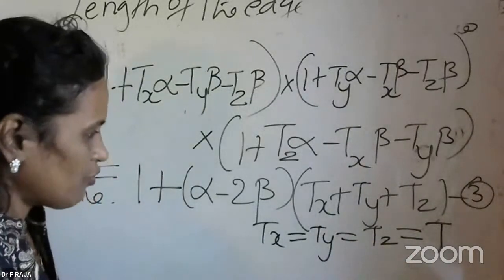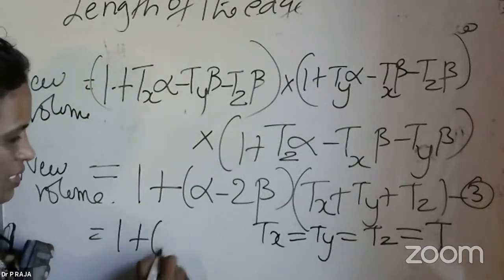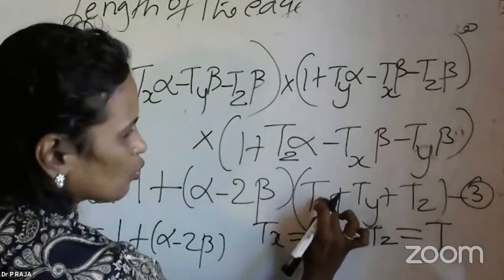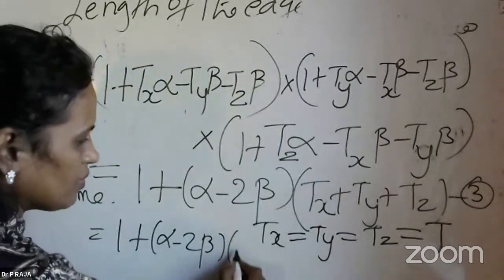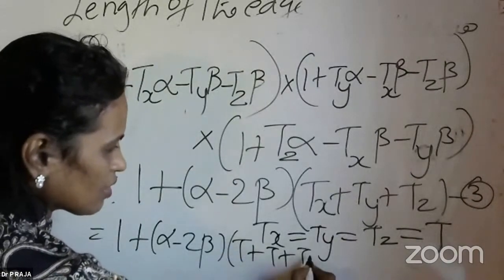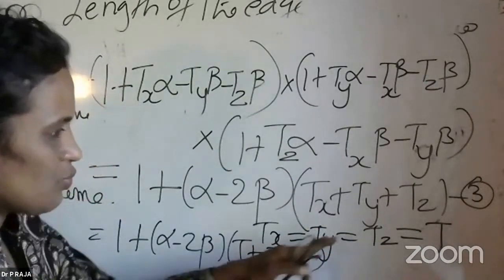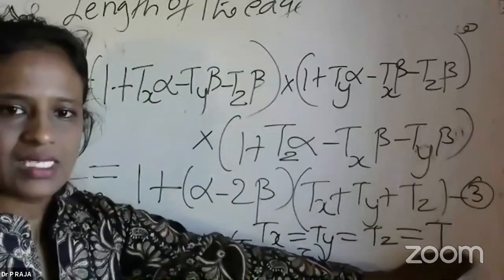So the volume of the cube will now become 1 plus alpha minus 2 beta into this factor, which becomes t plus t plus t. It's an approximate value because the increase in the length along x, y, z is equal, so they are taking it as t itself.